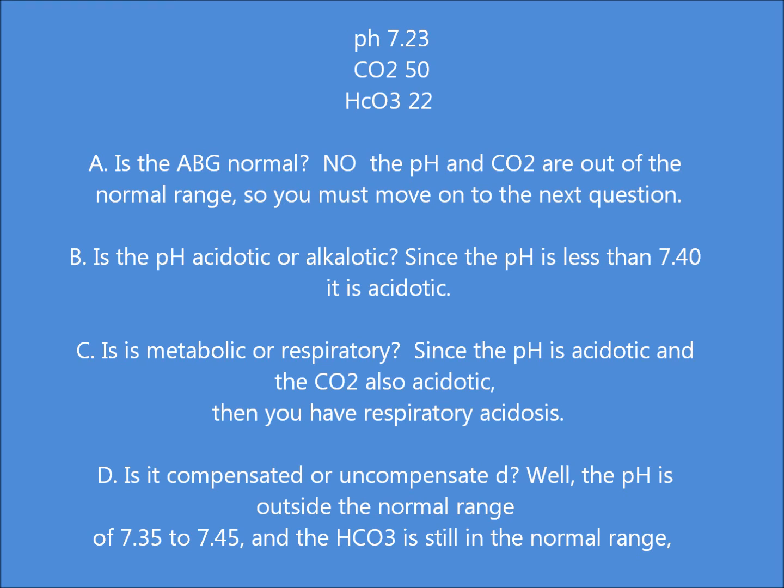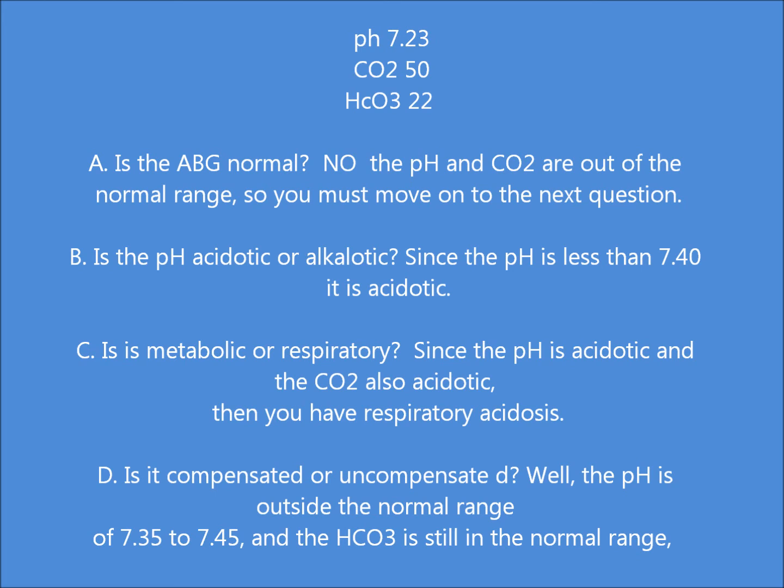Is the pH acidotic or alkalotic? Since the pH is less than 7.40, it is acidotic. Is it metabolic or respiratory? Since the pH is acidotic and the CO2 is also acidotic, then you have a respiratory acidosis.